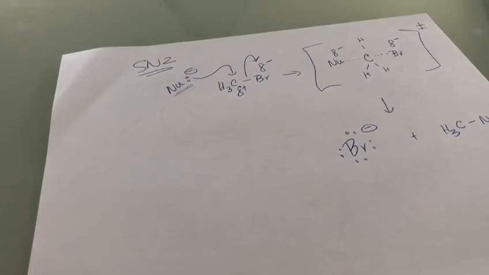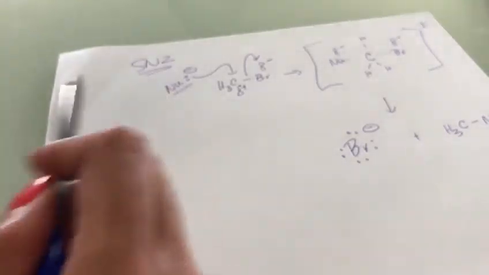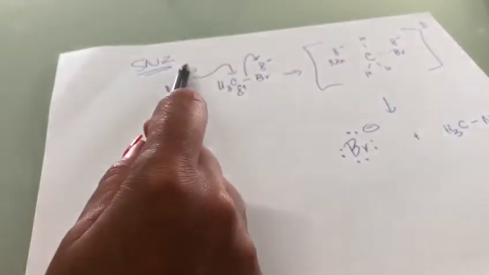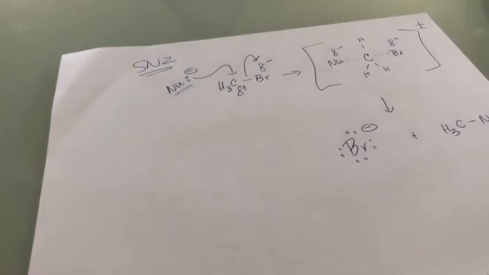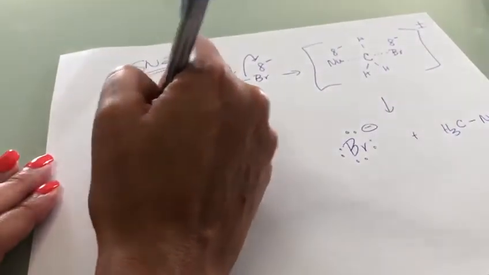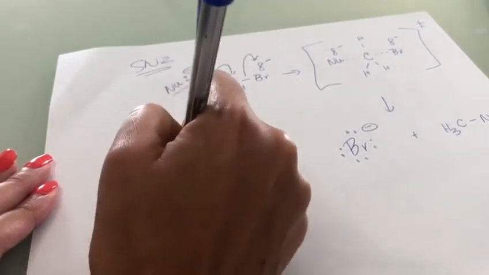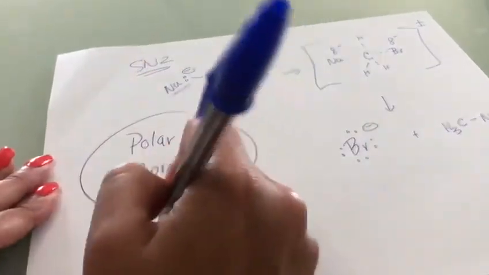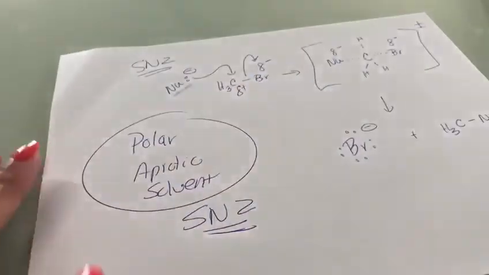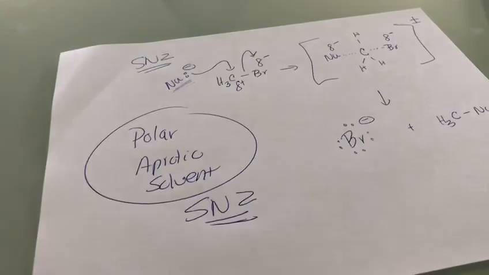So for fast SN2 reaction, you do not want to use a solvent that will provide strong solvation, that will not cover this nucleophile up, if you want to imagine it that way. So if we choose a polar aprotic solvent, that will be the best choice for SN2 reactions because they solvate the anions in a poor way, meaning they do not provide a strong solvation to the nucleophile.